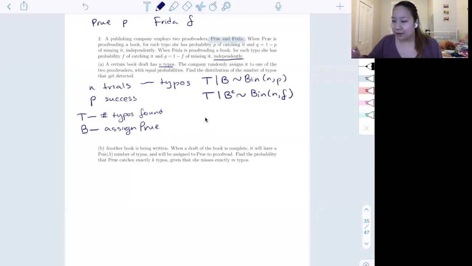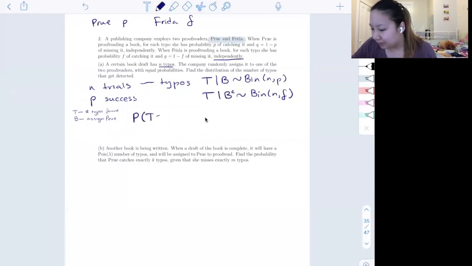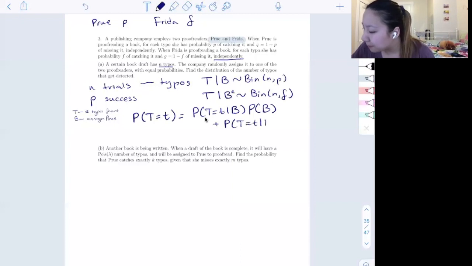So we can write this out using LOTP. So the PMF, which is one way we can define the distribution, is going to be, let's do some iPad magic to give myself more room. Probability T equals little t is going to be equal to, via the law of total probability, PMF conditional on B times probability of B plus PMF conditional on not B times probability of not B. And these probabilities here are both 1/2.